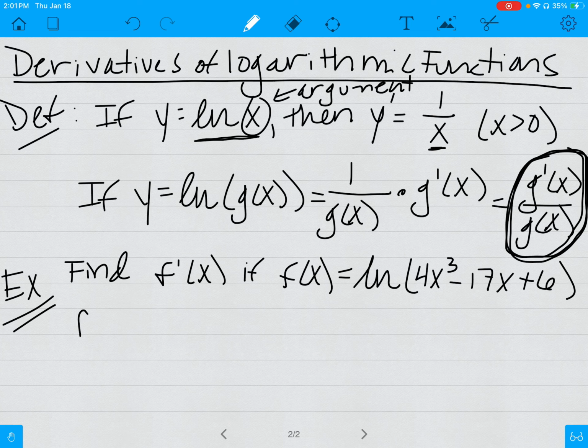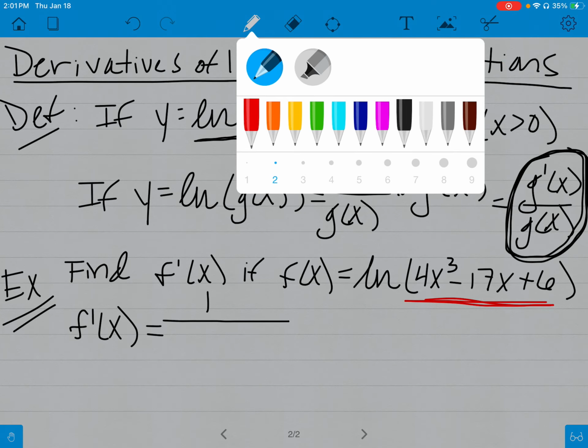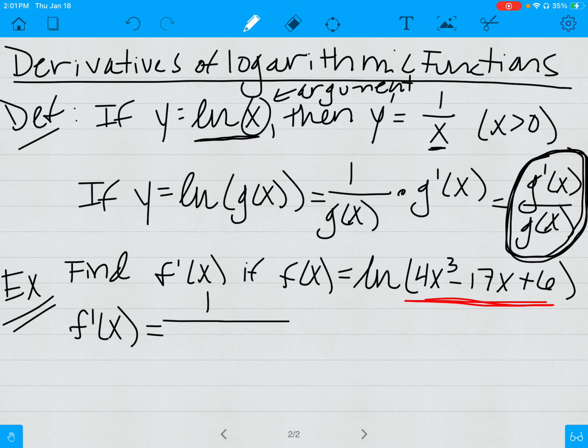Well, according to our definition above, when we are finding the derivative of a natural logarithm, that derivative is equal to 1 over whatever the argument was. And in this case, here is our argument, 4x cubed minus 17x plus 6.